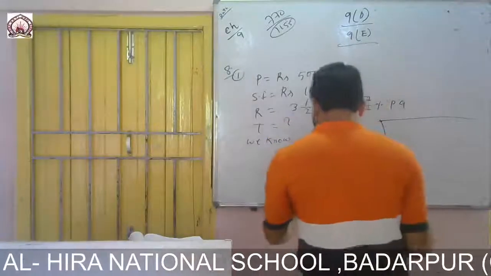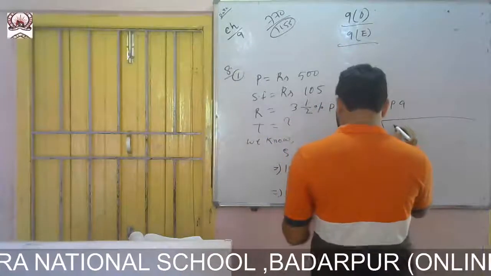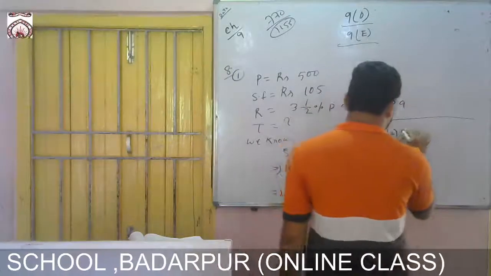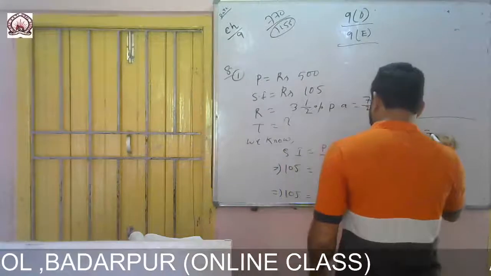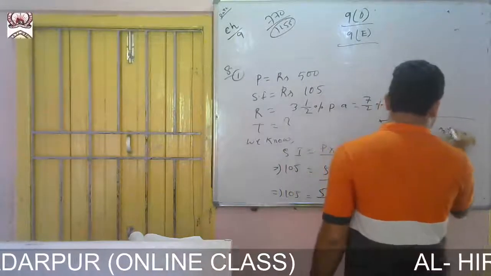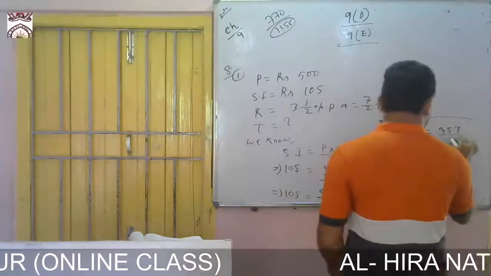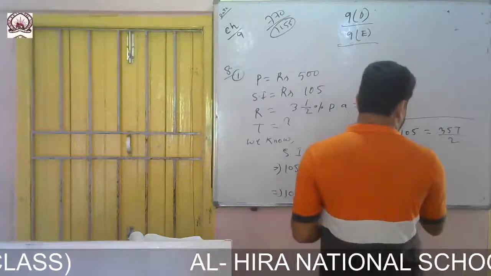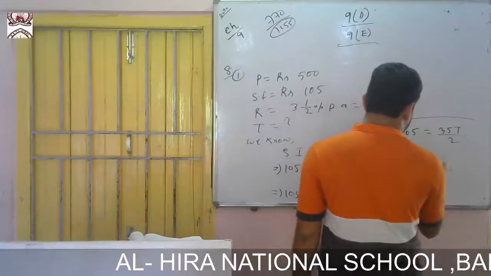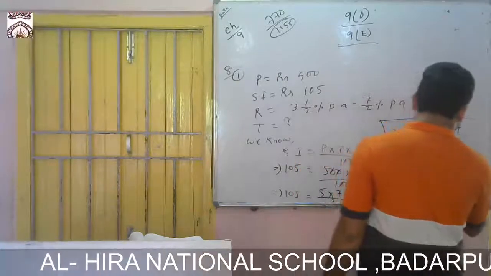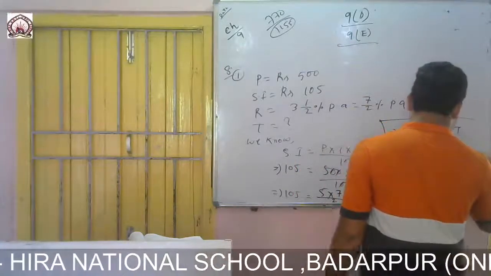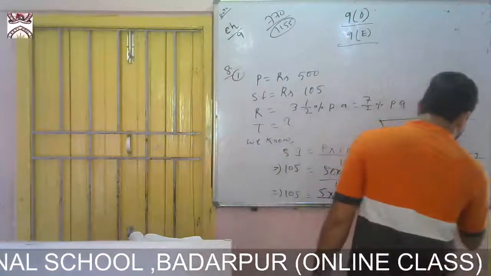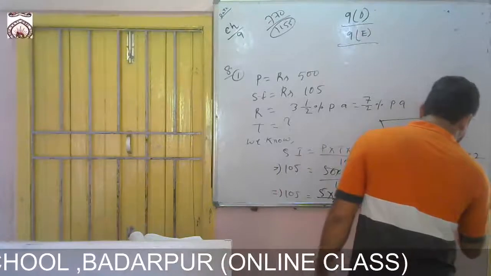If you cross multiply this one, it will come like this: 105 equals 35T by 2. Then 35T will be 105 into 2. Then T will be 105 into 2 by 35.